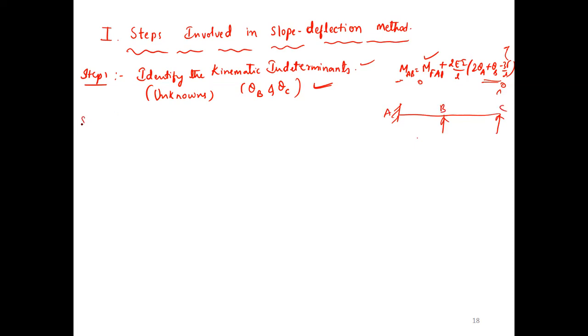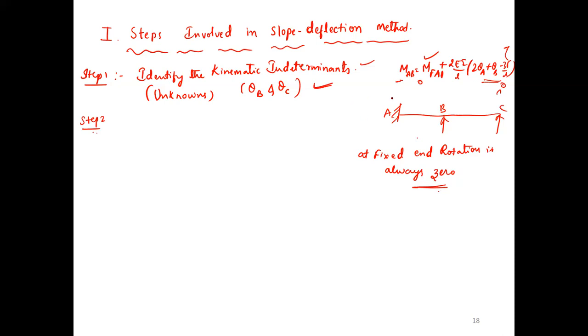Step 2. Okay, class. When we are doing fixed joints, please remember at a fixed end, rotation is always 0.